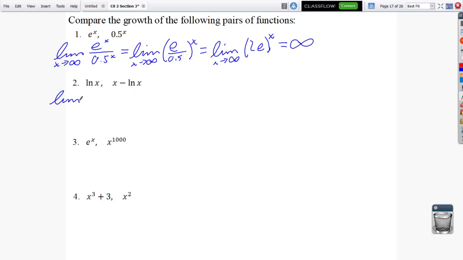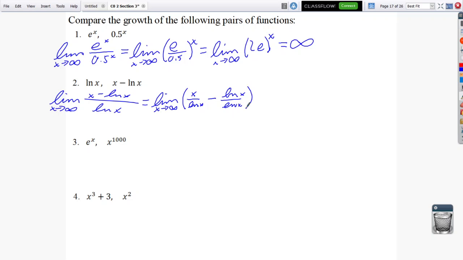Number 2, limit as x approaches infinity. Put the sum up top, x minus ln of x over ln of x. We put the sum up top so that we can split it up and make our life a little bit easier. Limit as x approaches infinity of x over ln x minus ln x over ln x.